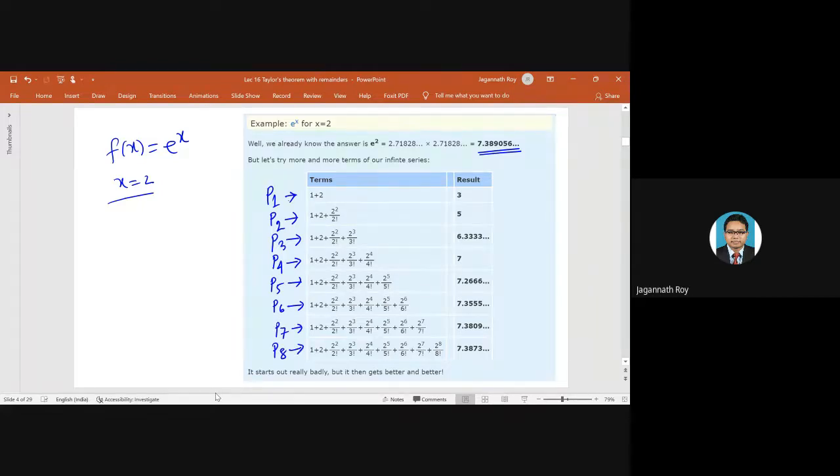So what we see, if we can write some systematic expressions, then what we get is the approximate value. So this value and this value are almost similar. The gap is actually tending to 0.